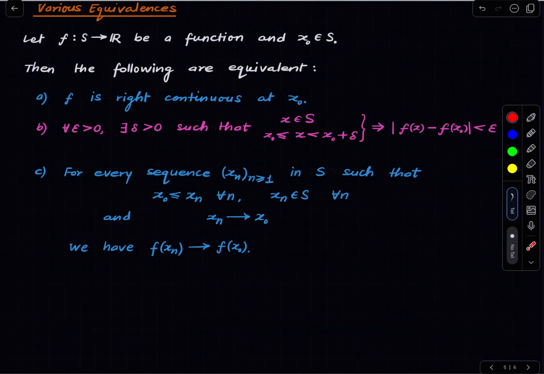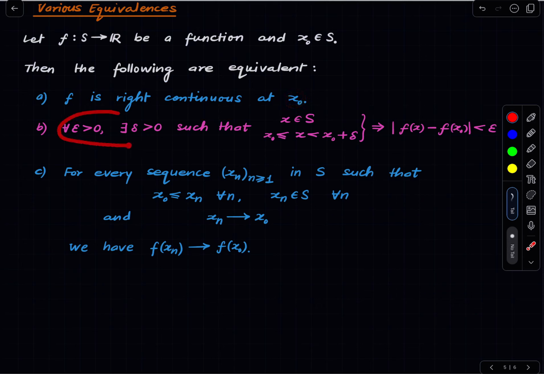Here are the various equivalent criteria. I haven't written the criteria via neighborhoods here, but I'm sure you can write that by yourself. Again, we have a function and a point x0 in the domain of the function. Then the following statements are equivalent. The first is that f is right continuous at the point x0.